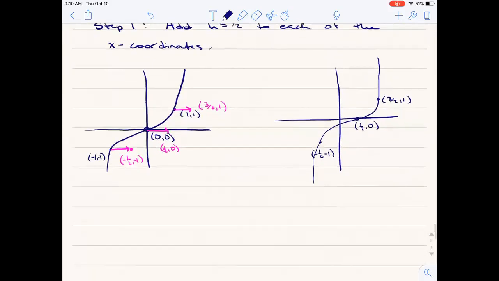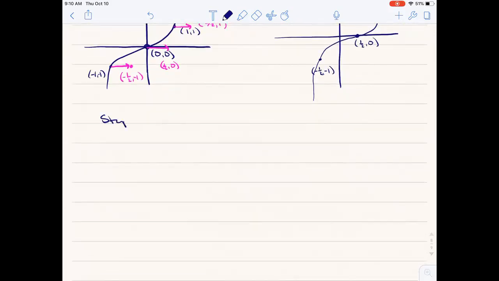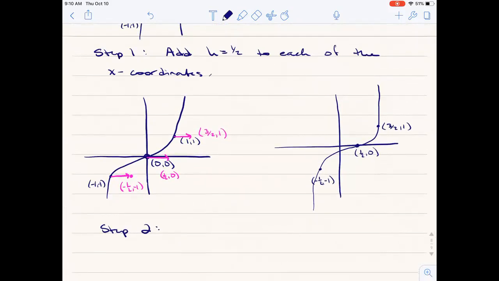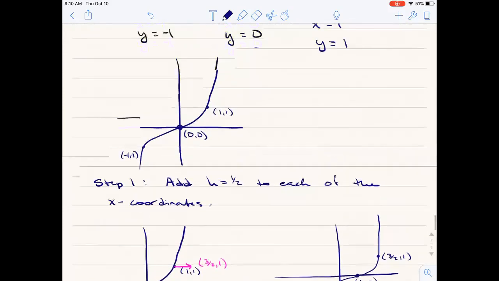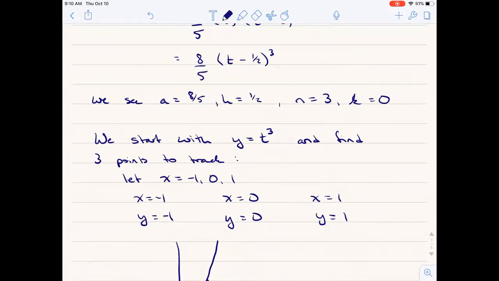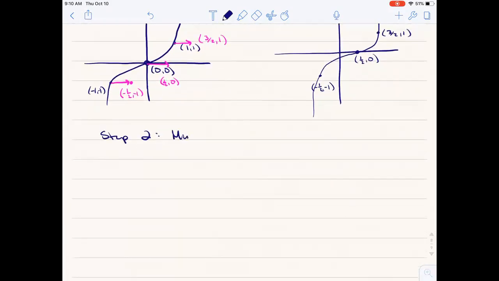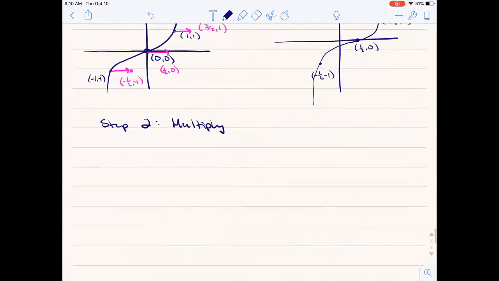Okay. Step 2, we have to multiply all our y coordinates by a, right? Our a is 8 over 5. Yuck. So multiply all the y coordinates by a equals 8 over 5.